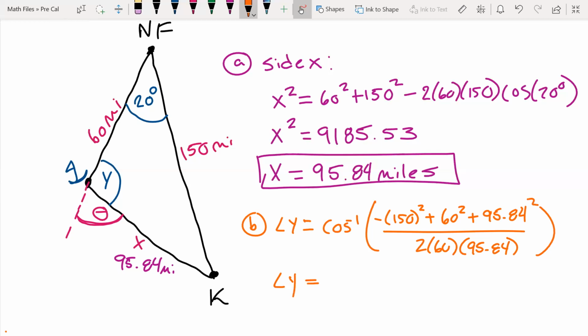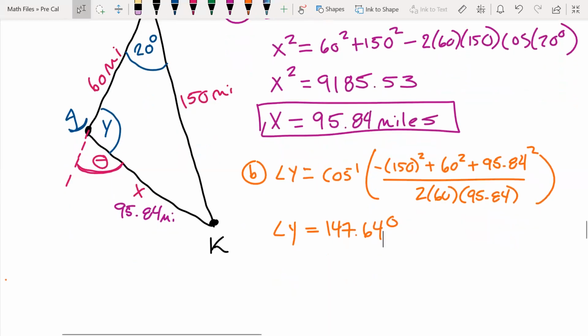Let's see what angle y is. And we get that angle y is 147.64 degrees. But we're not looking for angle y, we're looking for theta.